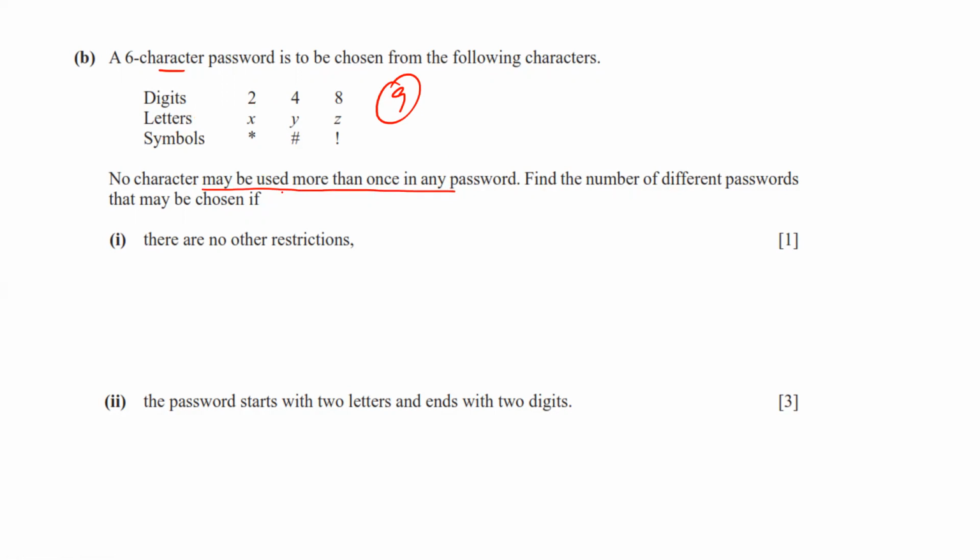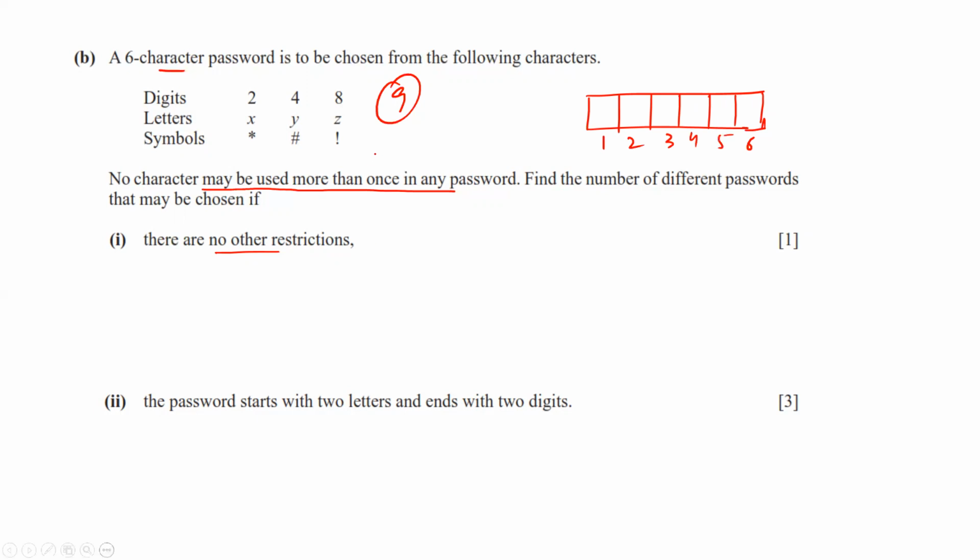Find the number of different passwords that may be chosen if there are no restrictions. So you have to select 6 characters out of these 9.